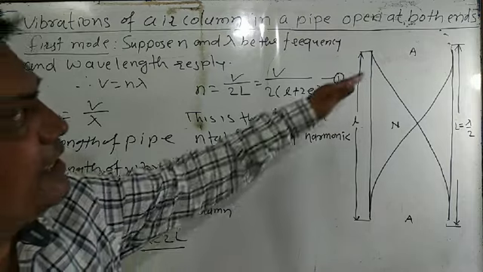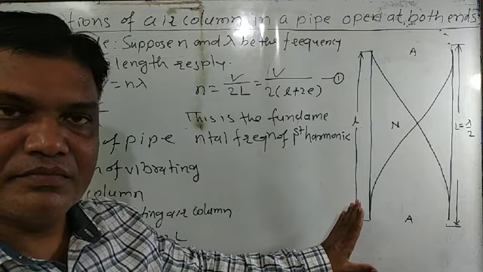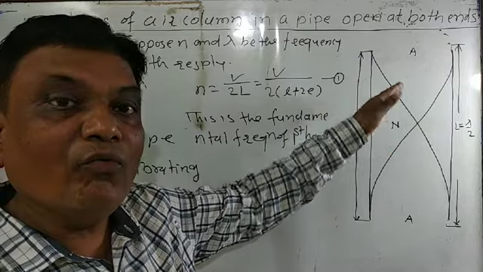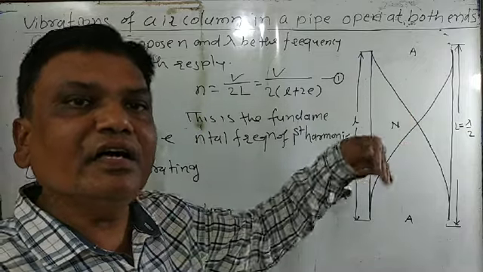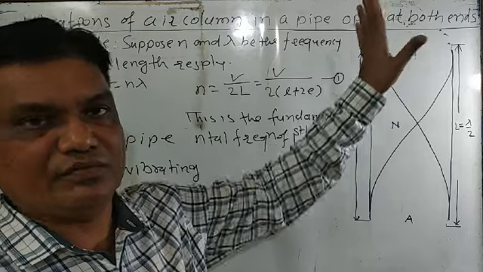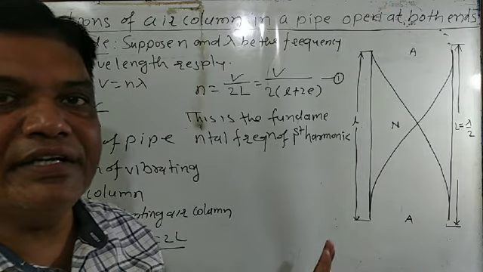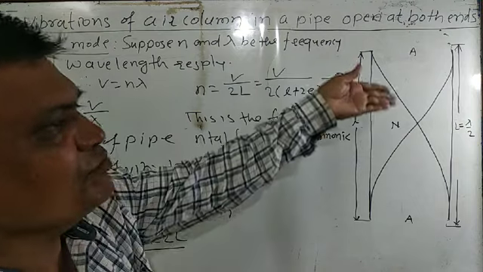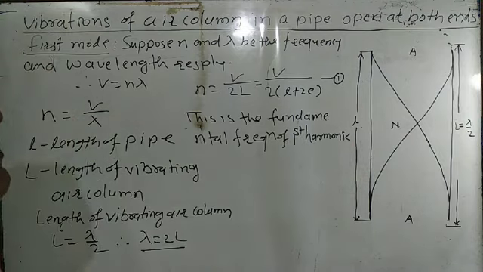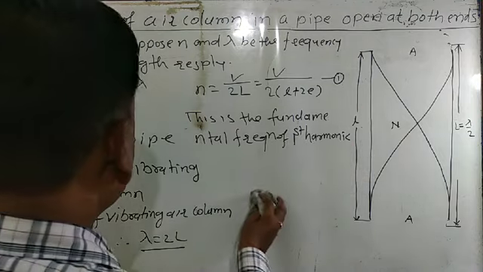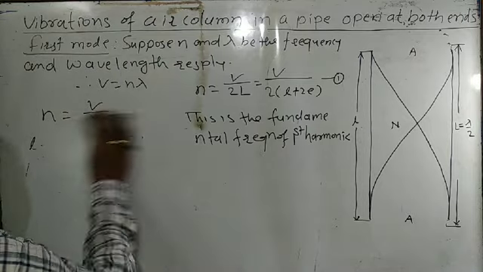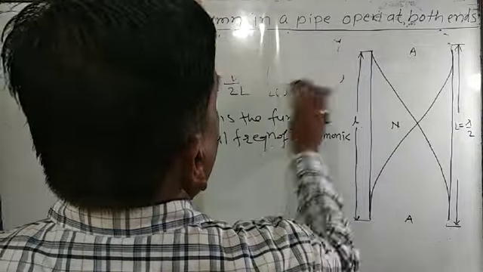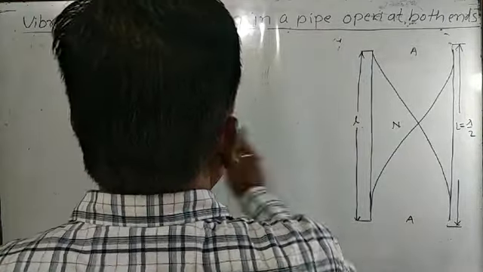Because the length of pipe is the same, but the air column vibrates in another, different mode. Therefore the next mode of vibration must be, see here, the next mode of vibration.